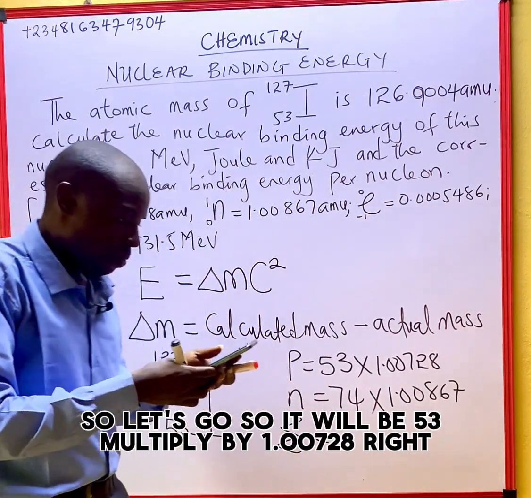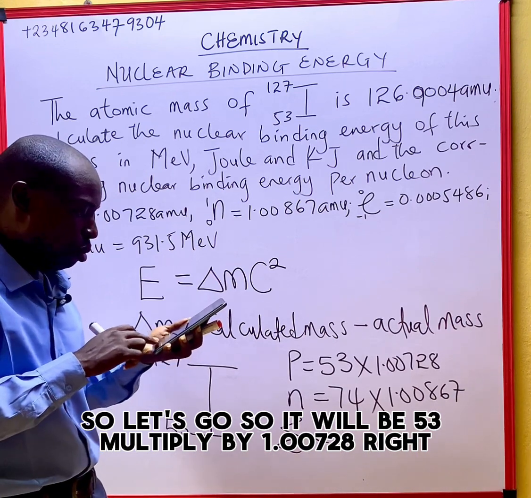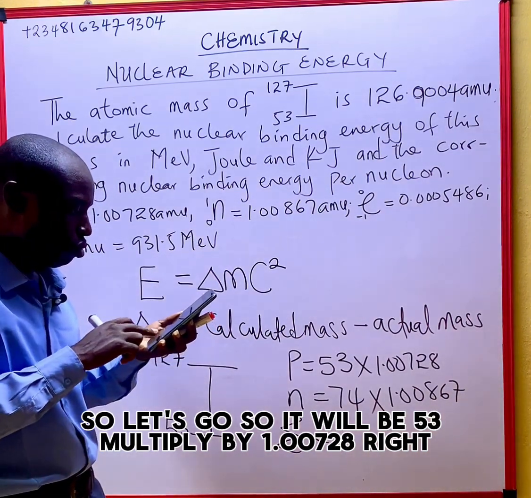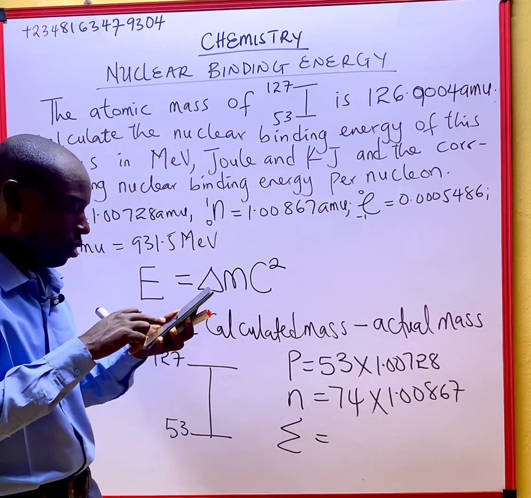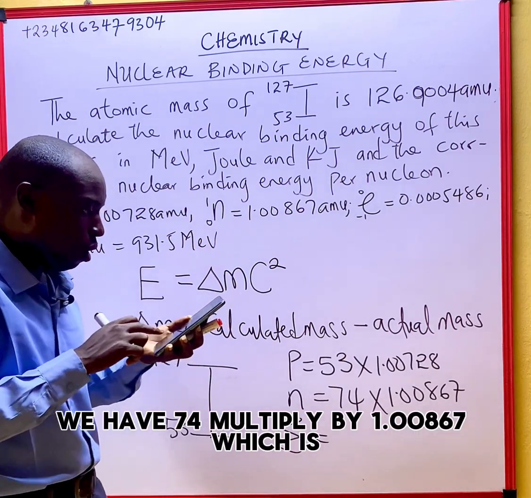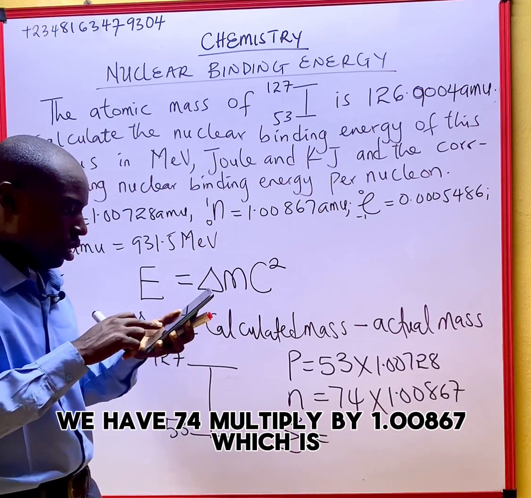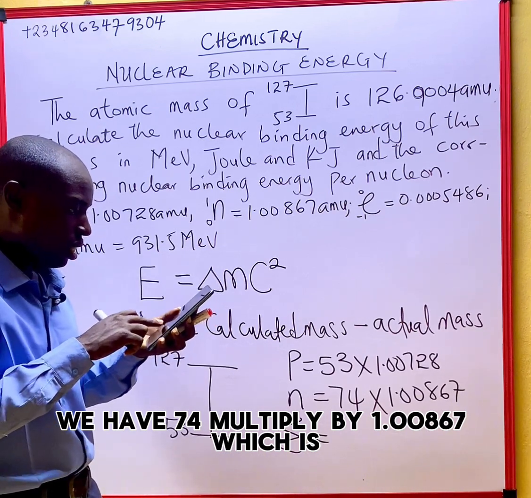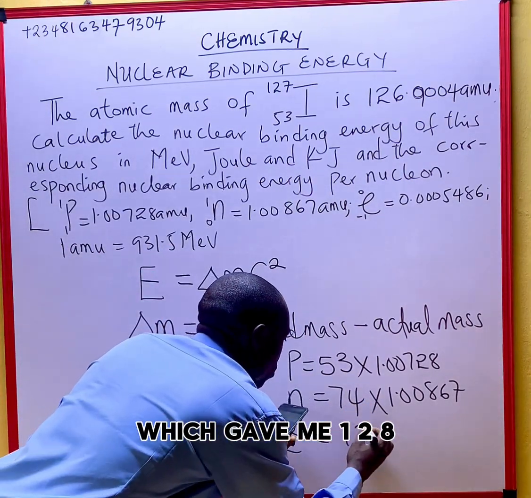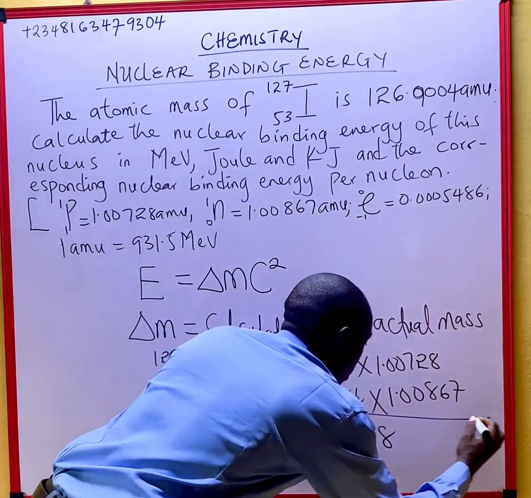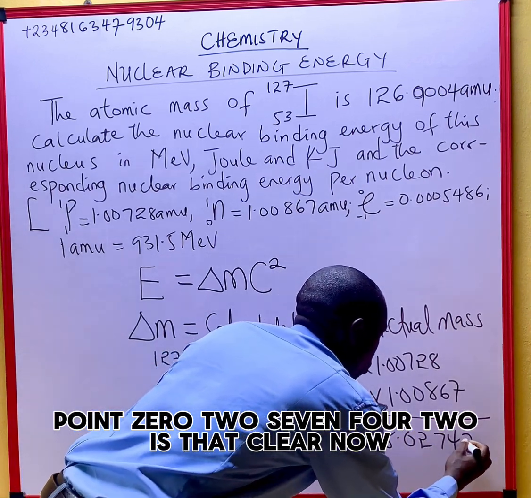So let's go. So it will be 53 multiplied by 1.00728, right? Plus, we have 74 multiplied by 1.00867, which gave me 128.02742.